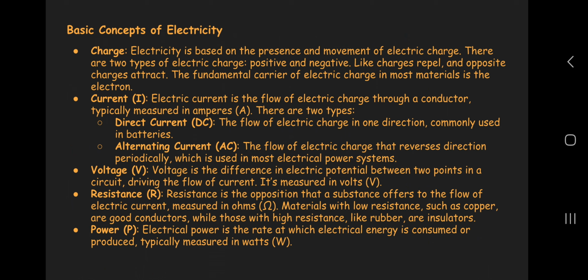Materials with low resistance, such as copper, are good conductors, while those with high resistance, like rubber, are insulators. Power, P. Electrical power is the rate at which electrical energy is consumed or produced, typically measured in watts.